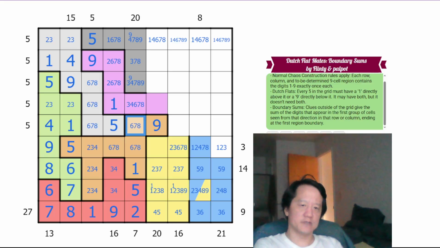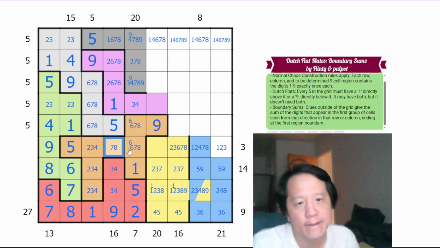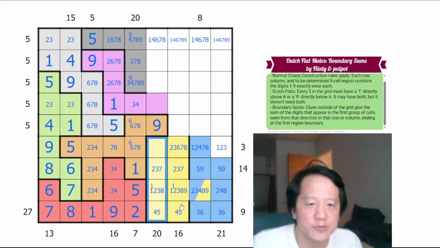And it has to be 6, 7, or 8. So 3 or 4 is here, which means this is also 3 or 4. And then we have a guaranteed 6 here because there's no other place for 6 in column 5, so this can't be 6 here. So that's 4 digits here adding up to 20.